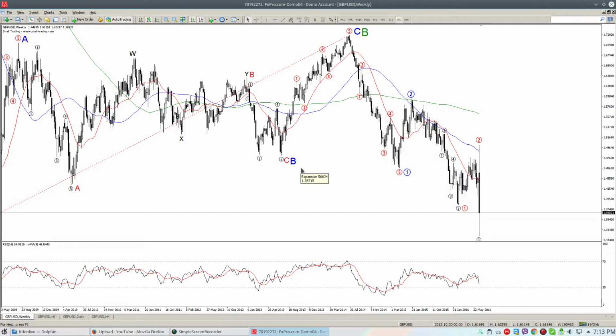The decision of the British people to leave the EU resulted in a very large decline in the British pound.